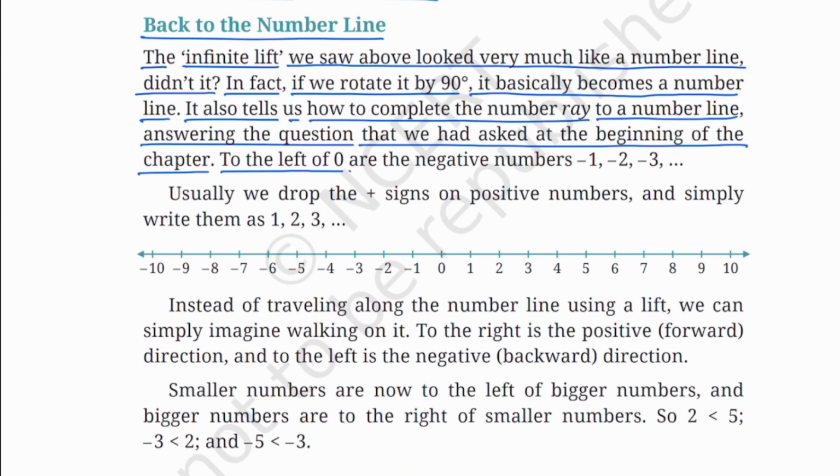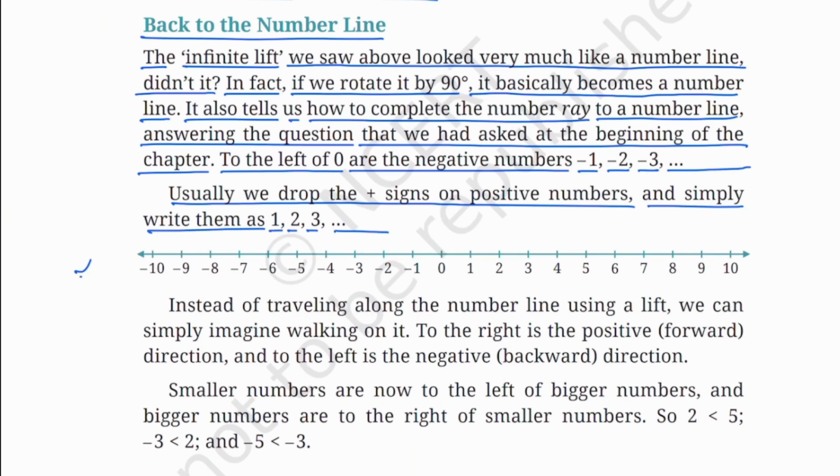To the left of 0 are the negative numbers minus 1, minus 2, minus 3 and so on. Usually, we drop the positive sign on positive numbers and simply write them as 1, 2, 3 and so on. You can see the number line here, starting from 0, going in both directions.